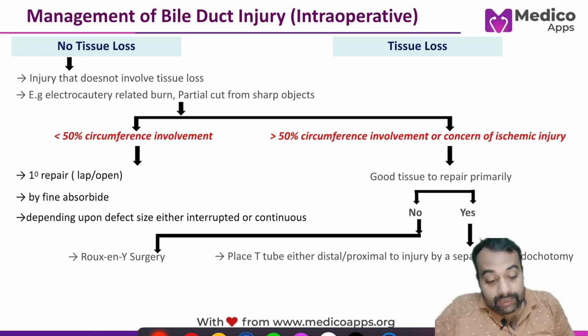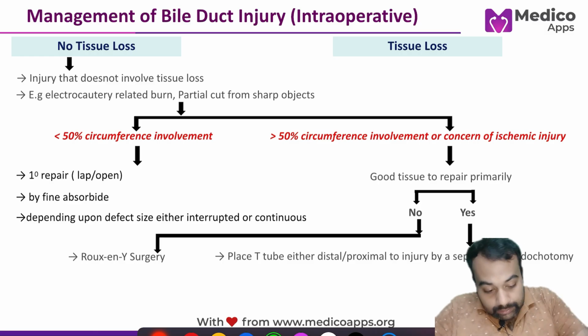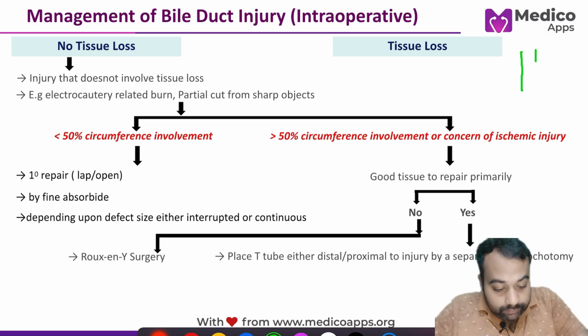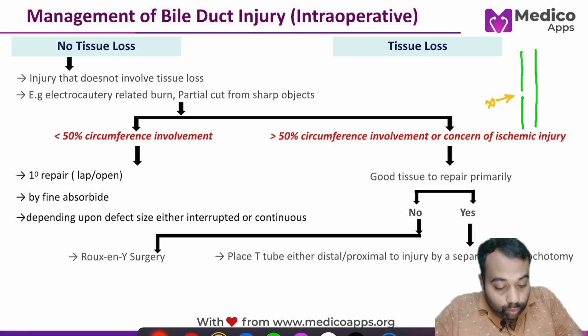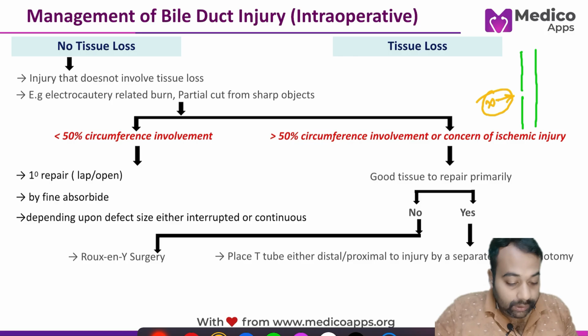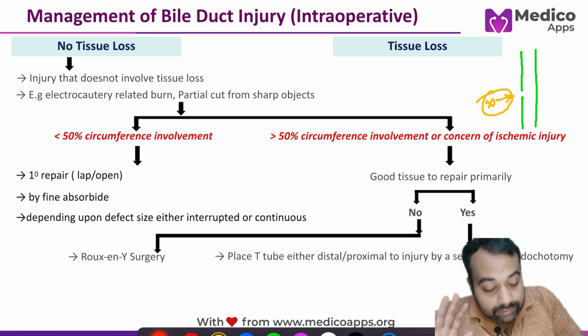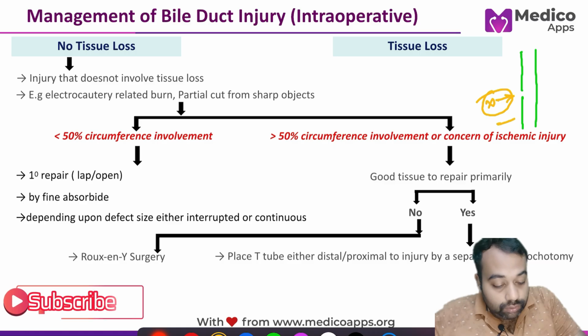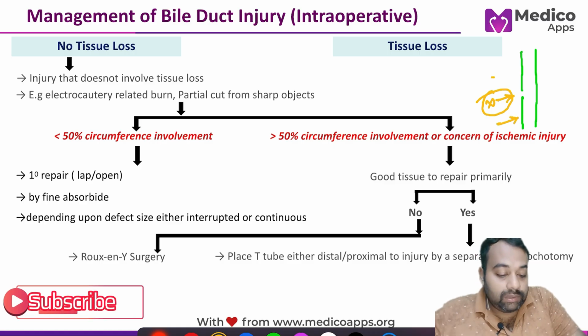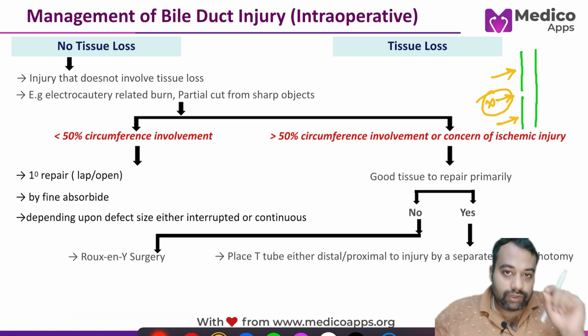But one thing that you need to understand: let's suppose this is the bile duct, right? And obviously there is some injury there. We are not going to introduce the T tube from this side. No, it's a big no. We are not going to introduce the T tube from the injured area. Instead, we are going to introduce the T tube either proximally or distally from a fresh area.